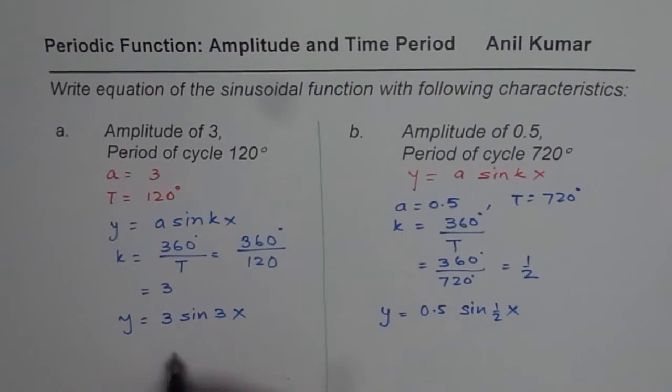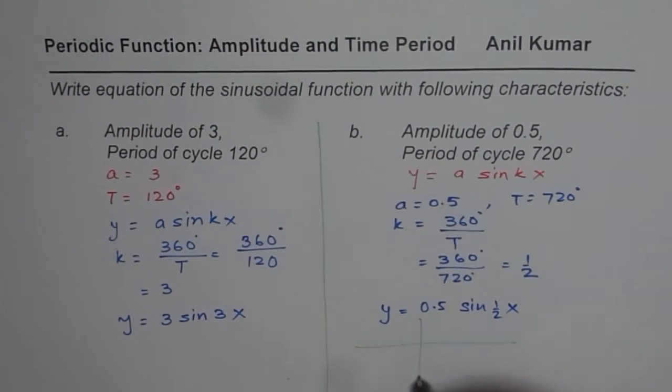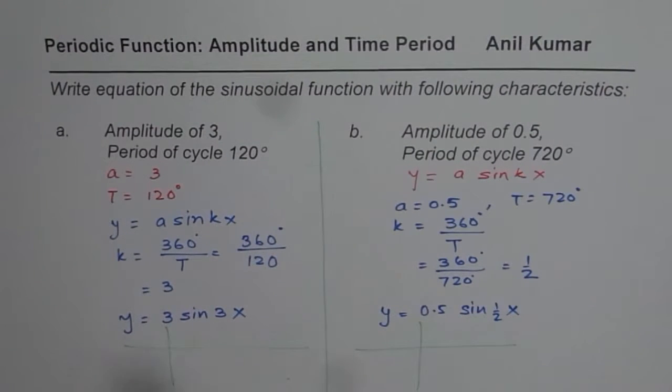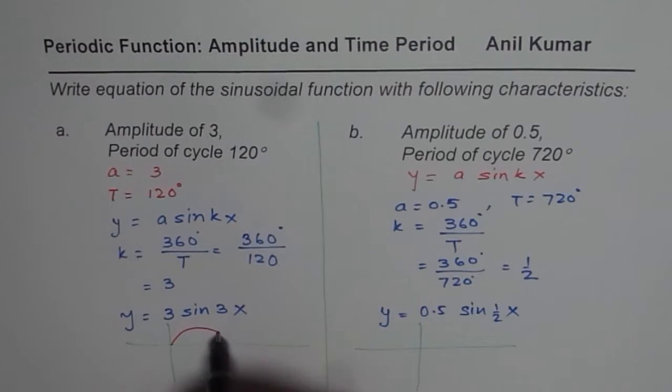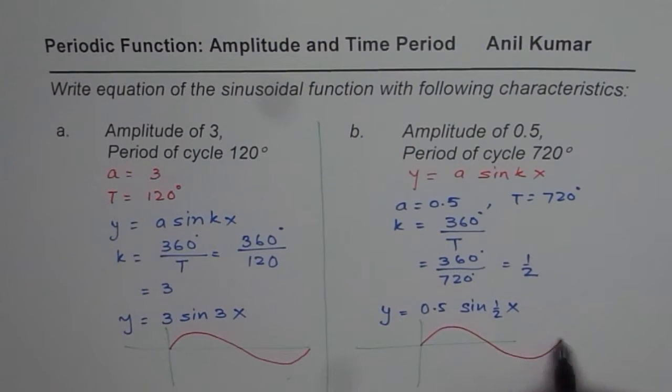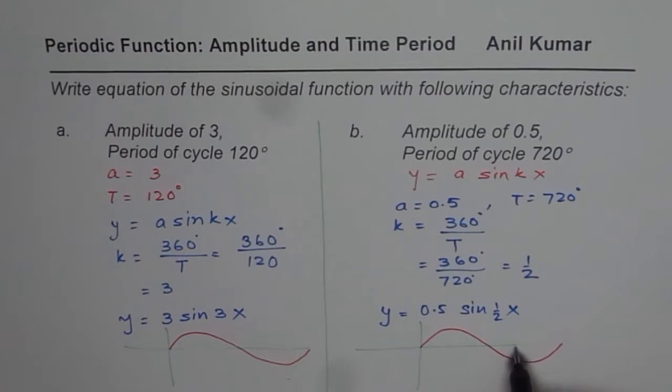So now you can also sketch this function. So let's sketch both these functions here. Sine always starts with 0, so it could be sketched like a graph like this. Correct? Now this is how it should be sketched so easily. Let me just show you.